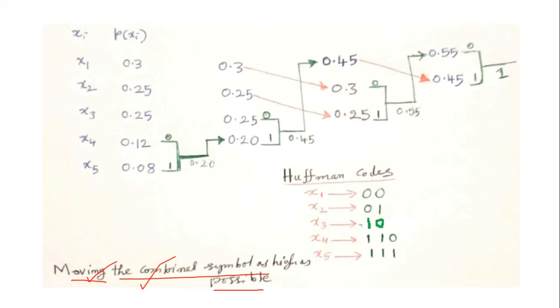Suppose here we are assigning 0 to the upper branch and 1 to the lower branch, 0 to the upper branch, 1 to the lower branch, and so on.